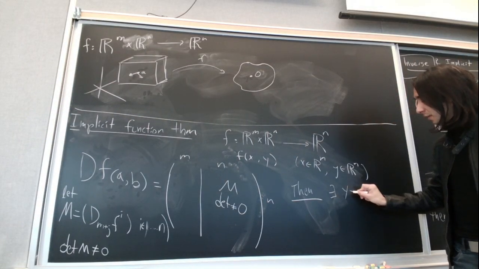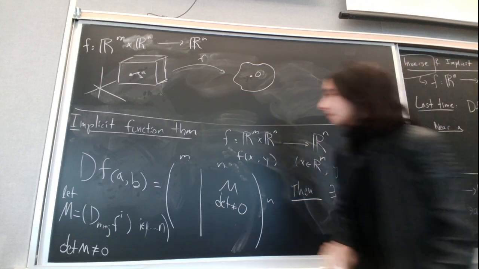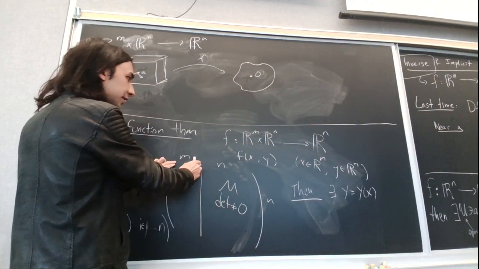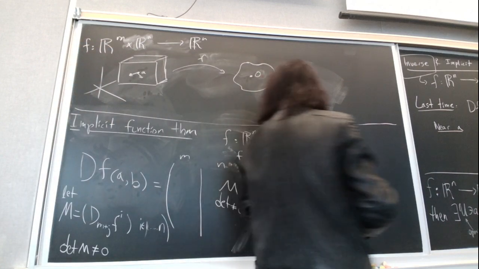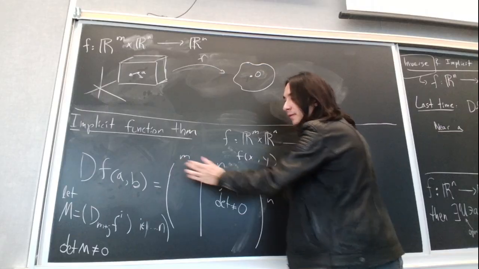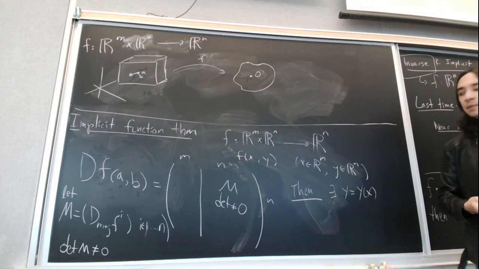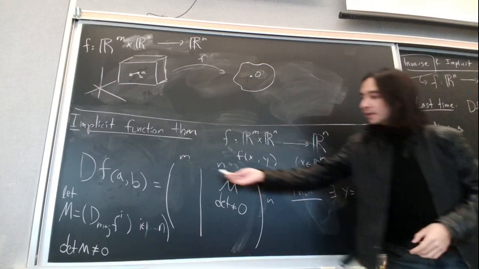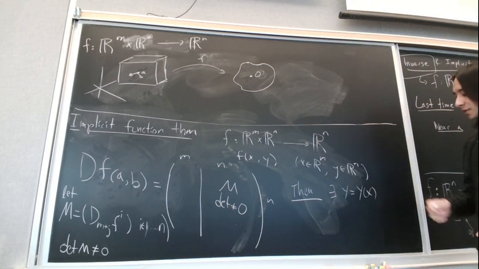In other words, there exists a function, I'll call this y, which is a function of x. Think again, x is like this R^m piece, and y is this R^n piece. What we're saying is there are only m degrees of freedom, so the pre-image of a point only depends on m independent variables. Everything else, this n by n piece, is just dependent on those in order to stay in the kernel.